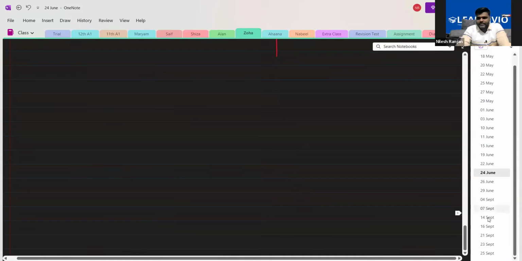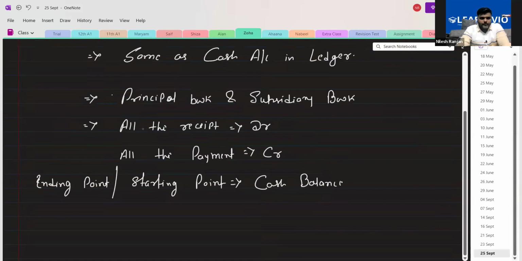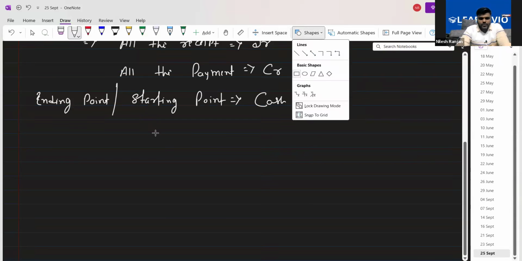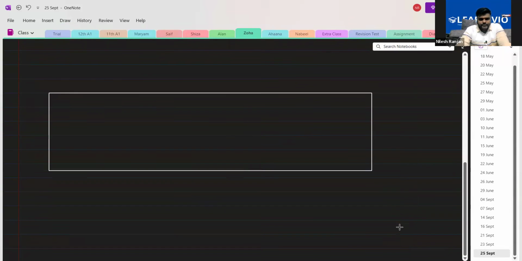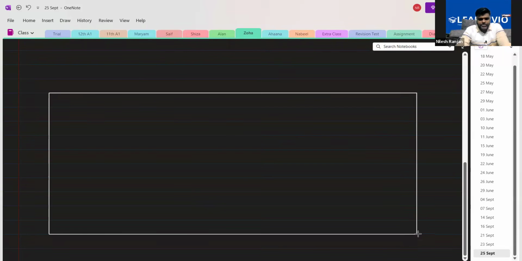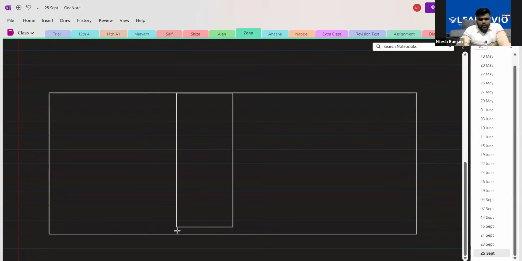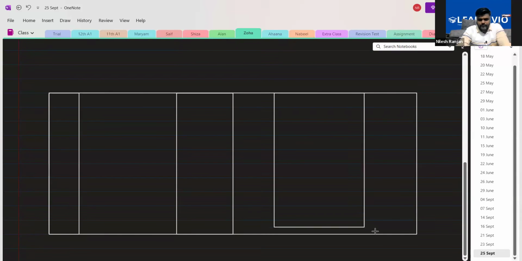So I will explain that. I'm preparing a format. There is a little bit of change in format also, but I'm not preparing the proper format. I'm just taking the date and particular amount.